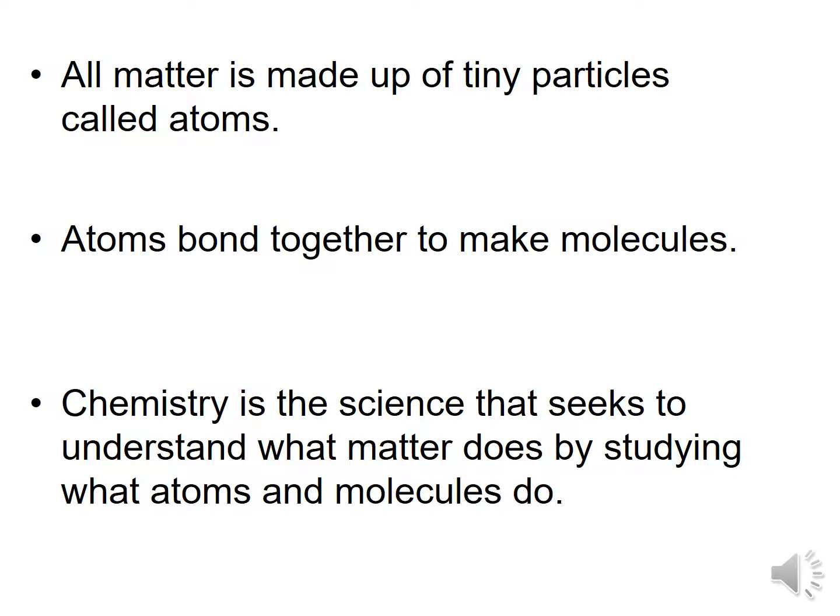So you have to have a bit of imagination to do chemistry, because you have to imagine these tiny things that we can't even see under a light microscope, like you can see cells in biology, but you can't see atoms and molecules. So you have to use your knowledge of atoms and molecules abstractly to think about what is happening at the macroscopic level, at the large level, with these atoms and molecules interacting.